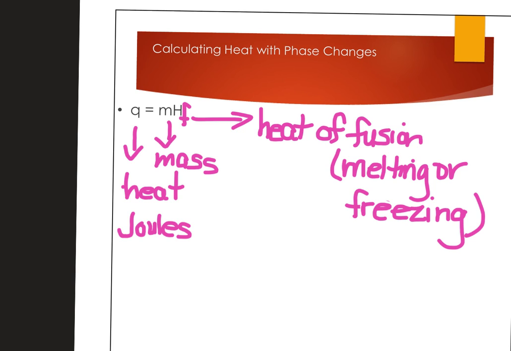So recall earlier that I said specific heat was the amount of energy needed to raise 1 gram of a substance 1 degree Celsius. So now we have heat of fusion.